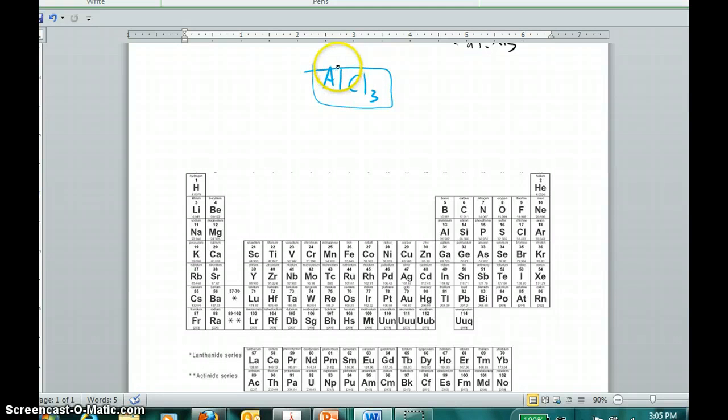And the reason this is neutral is because aluminum cations have a +3 charge. Let's not forget, aluminum's in group 3. If it forms a cation, it's +3. And chlorine atoms, when they form anions, since they're in group 7, always form the -1 anion.